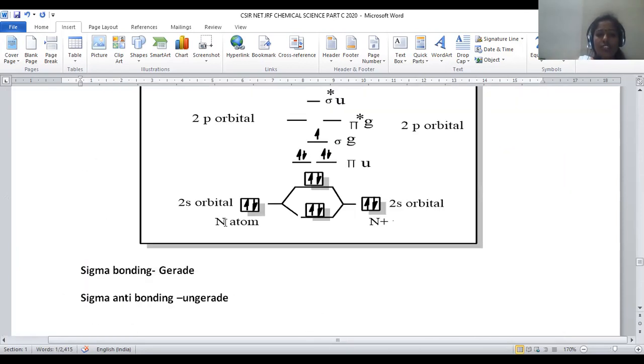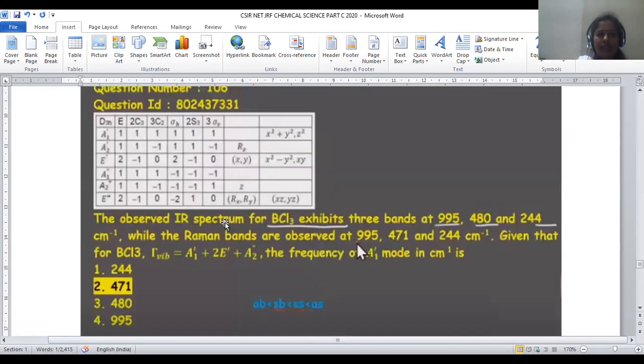So let us move on to question number 106. In this 106, a table representation was given: irreducible representations of the BCl3 molecule. The BCl3 molecule is associated with the D3h symmetry point group.